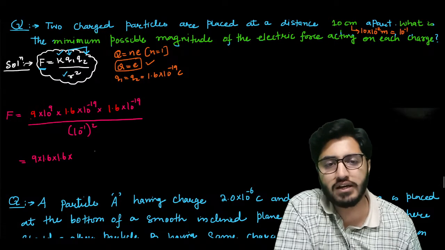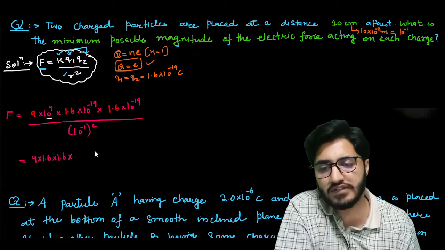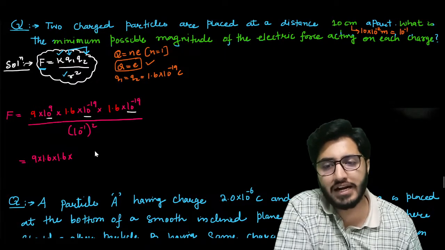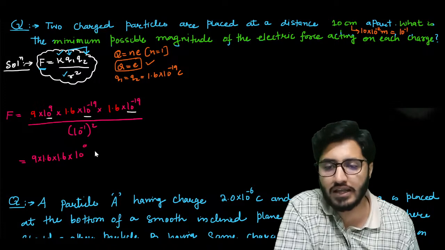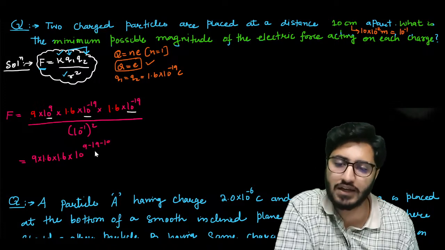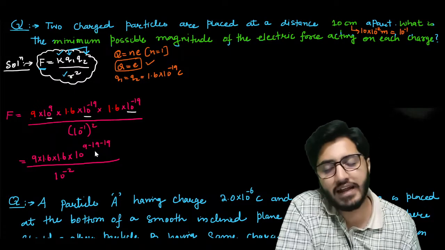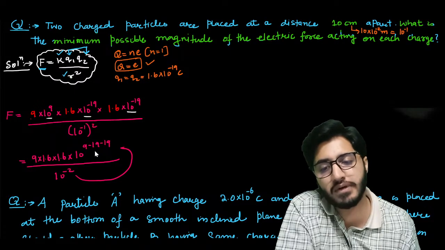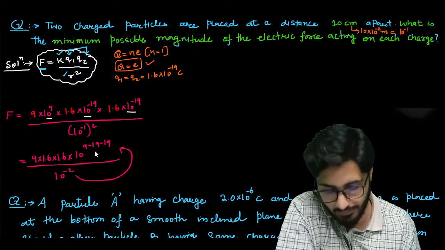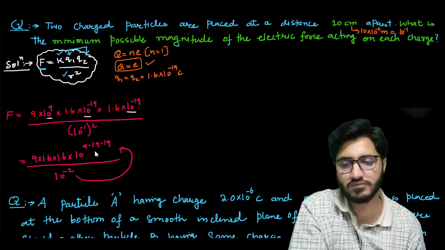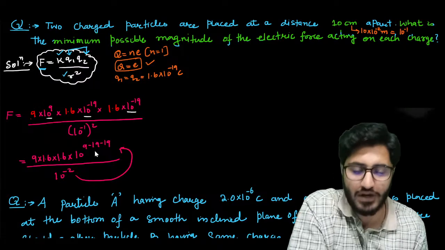Bases are the same, so powers will be added: 10 to the power 9 minus 19, whole divided by 10 to the power minus 2. When I take this upwards, it becomes positive. What is 9 into 1.6 into 1.6?